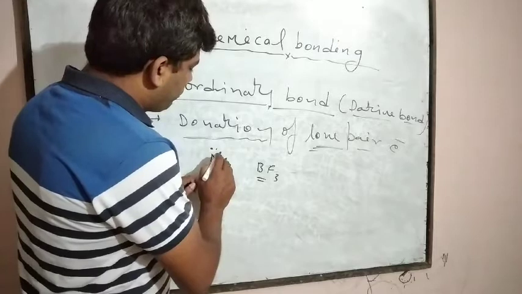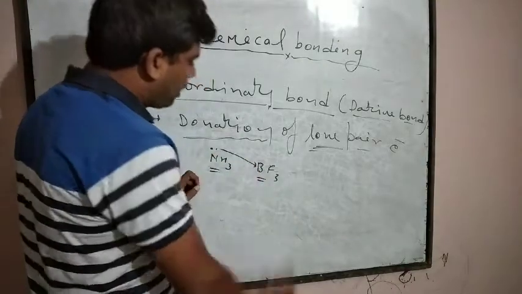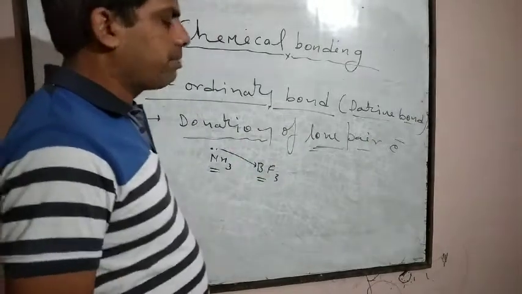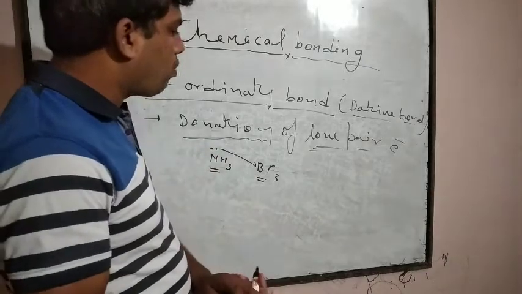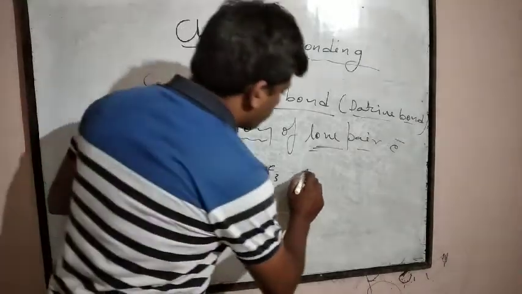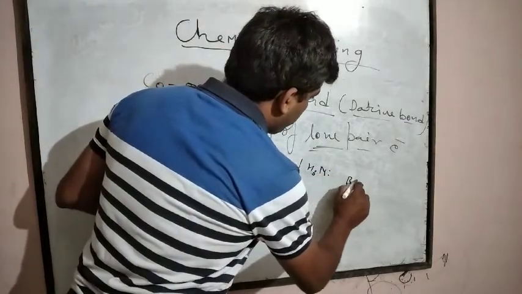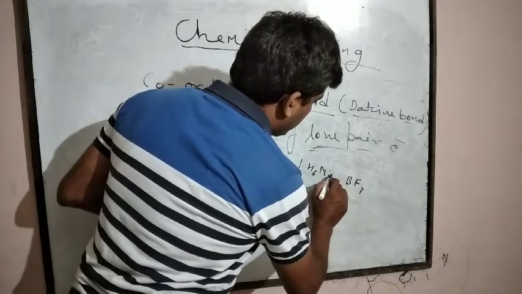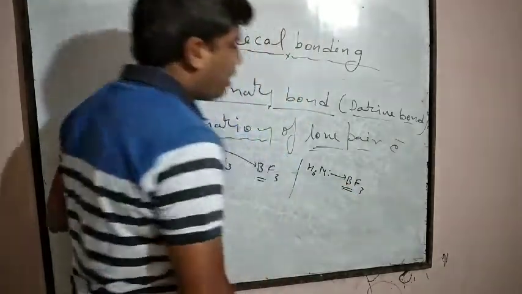In this way, nitrogen of ammonia donates one lone pair of electrons to the boron of BF3, and a coordinate bond forms between nitrogen and boron.